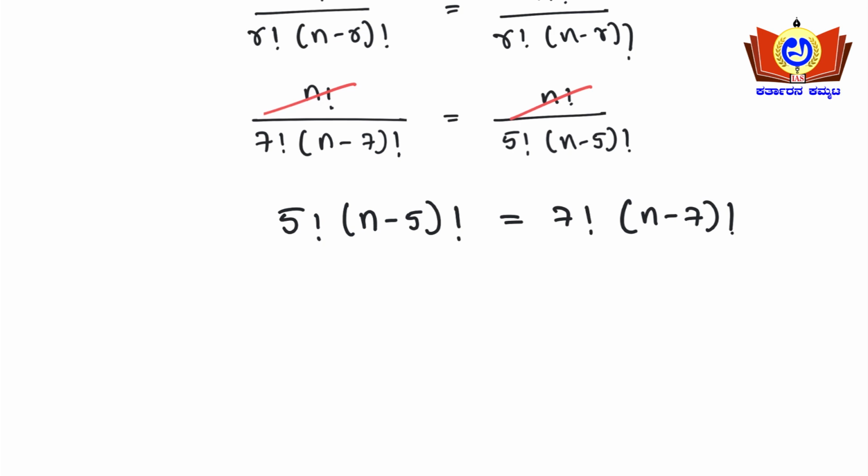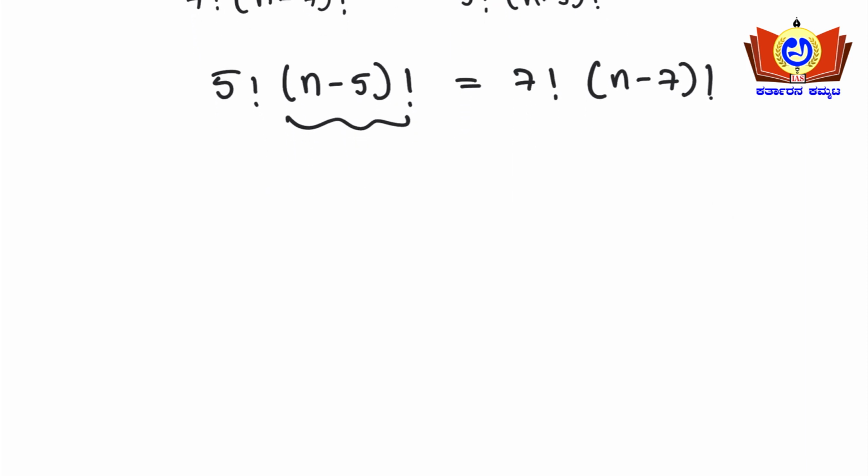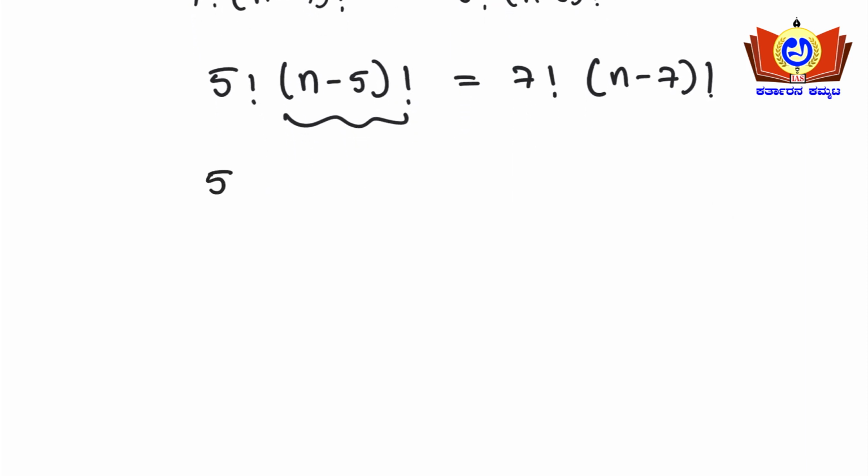Upon expanding this, 5 factorial will be as it is. So n minus 5 factorial is n minus 5 into n minus 6 into n minus 7 factorial.